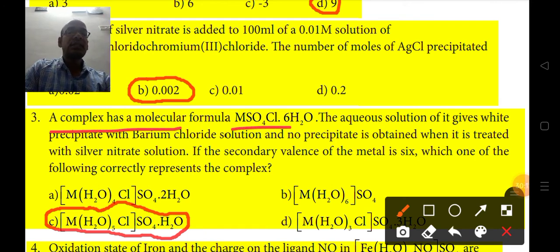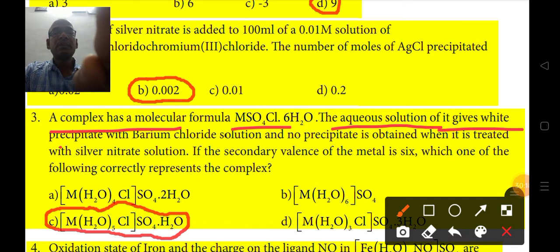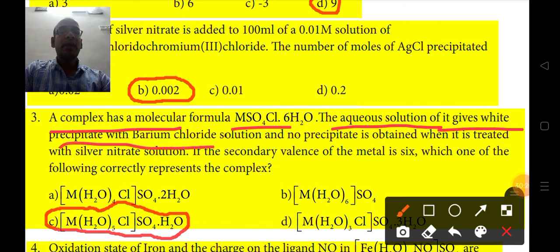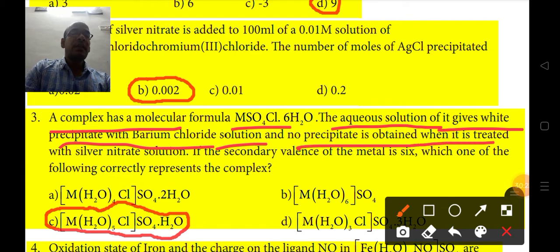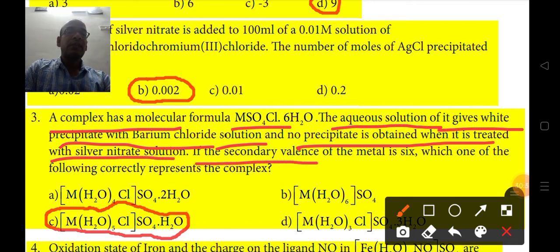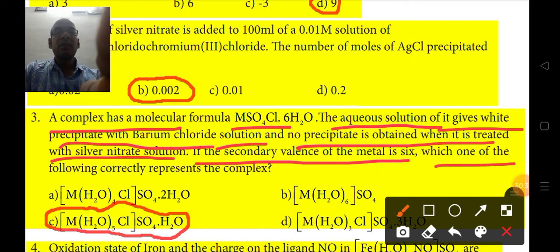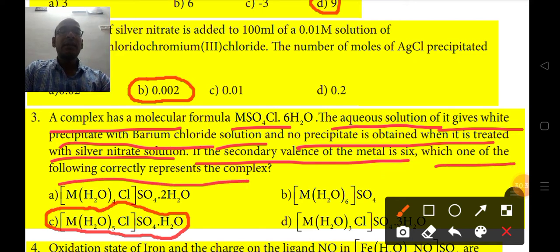The aqueous solution of it gives a white precipitate with barium chloride solution, and no precipitate is obtained when it is treated with silver nitrate solution. If the secondary valency of the metal is 6, which of the following correctly represents the complex?